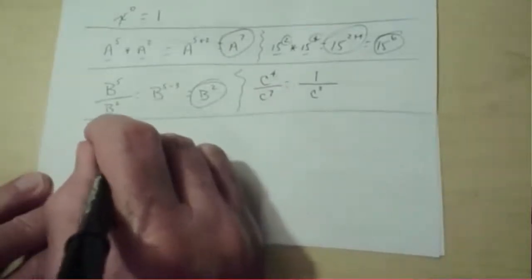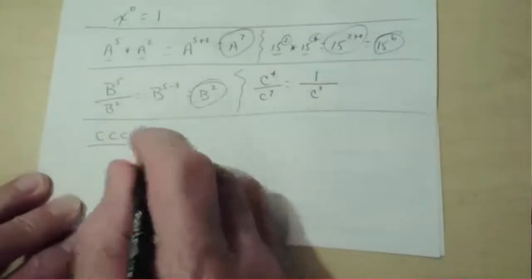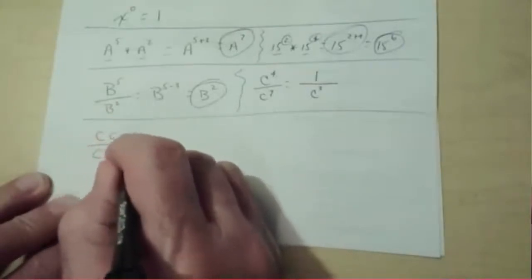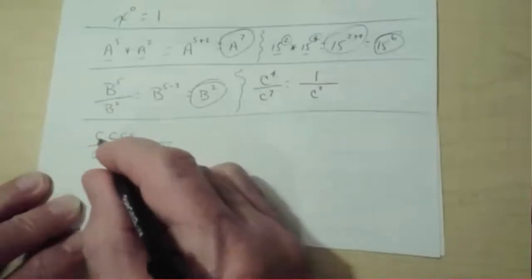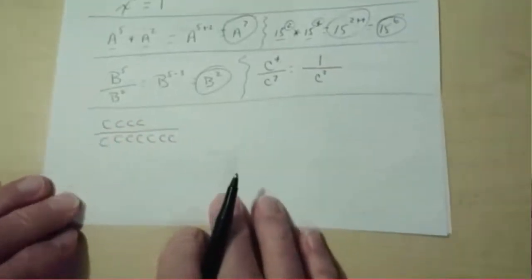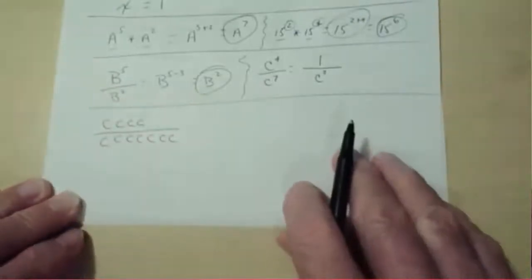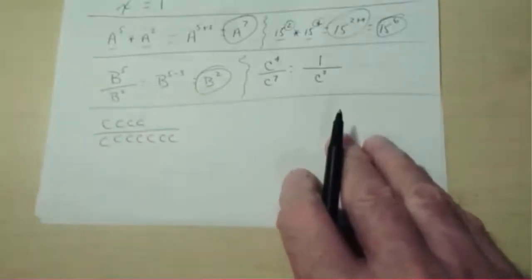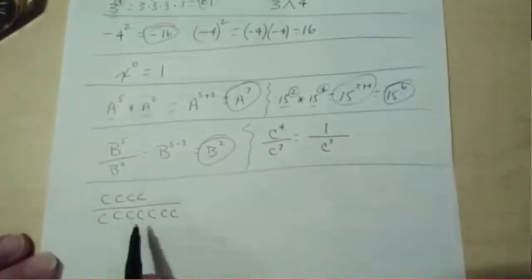Now let me show you why that is. If we have c to the 4th, that's c, 2, 3, 4. And on the bottom we have 1, 2, 3, 4, 5, 6, 7. Any number divided by itself is 1. So c divided by c, why is my big fat hand in the way? Let's see if this is any better.